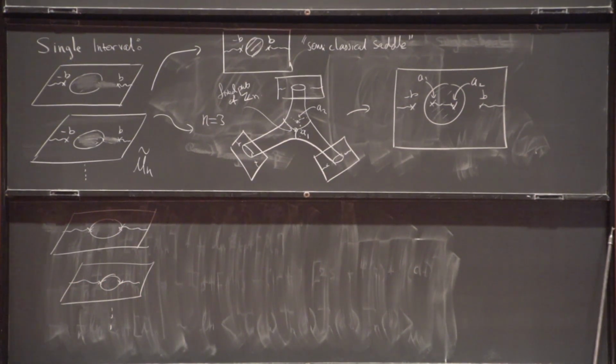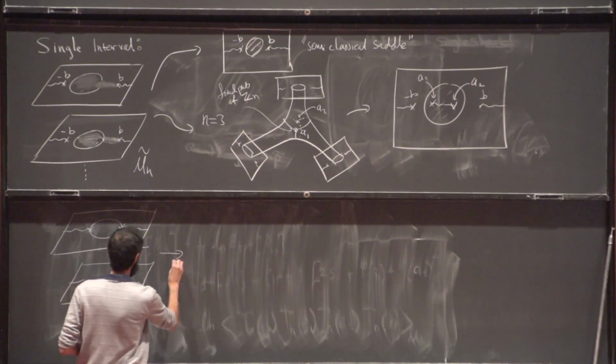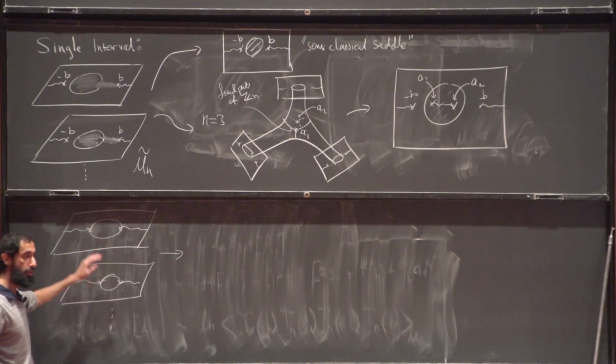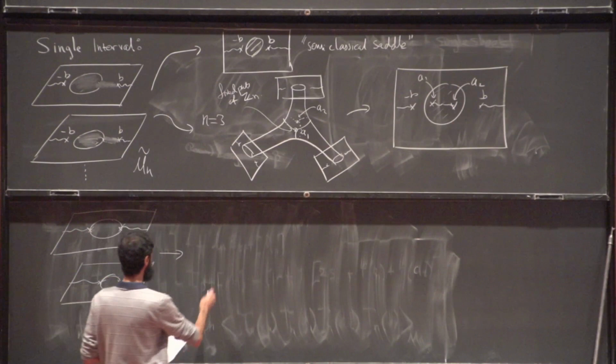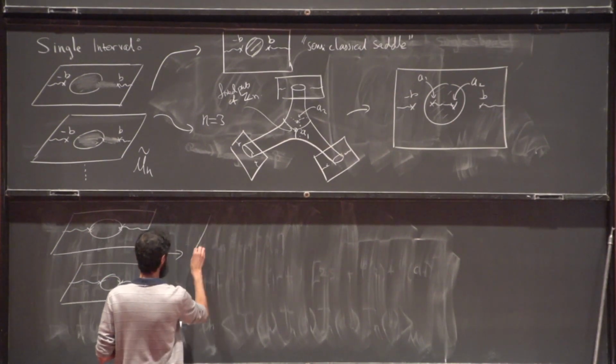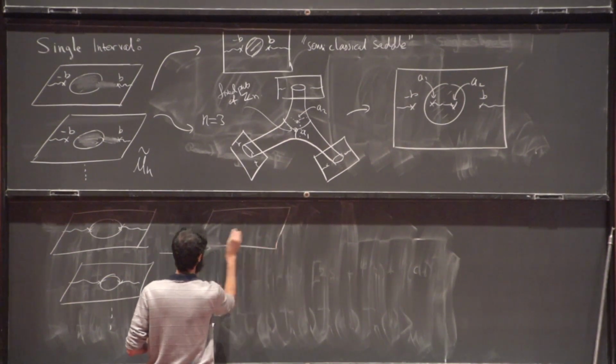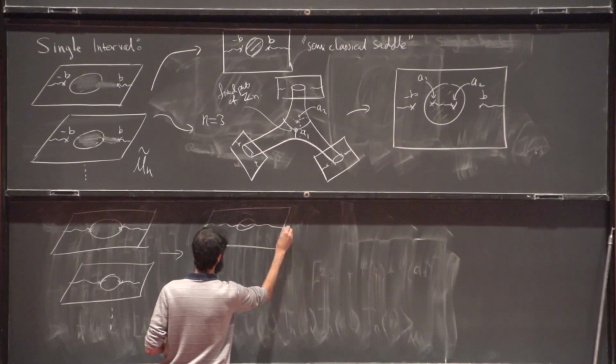Using these arguments, it's not hard to see that the gravitational configuration, the leading saddle that respects these boundary conditions, is one where the cut is extended through the entire gravitational region.